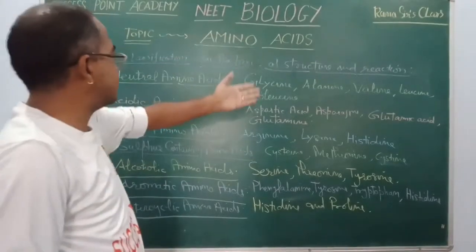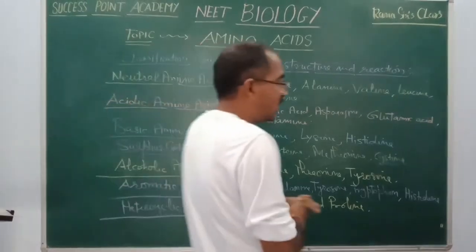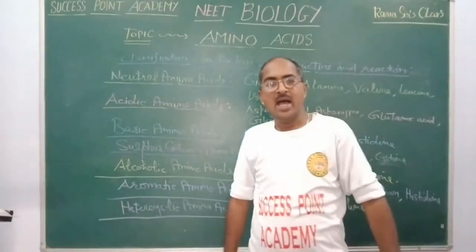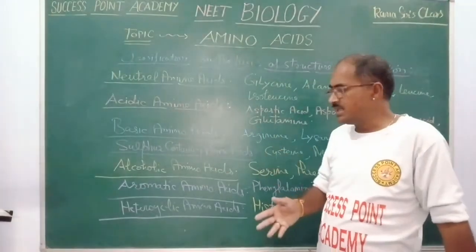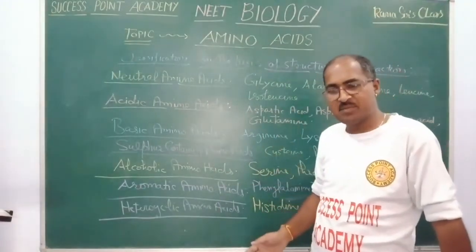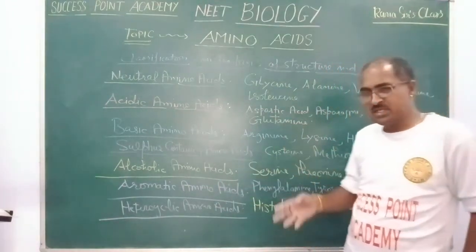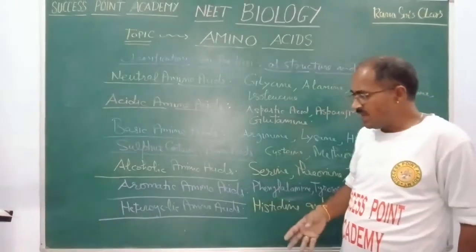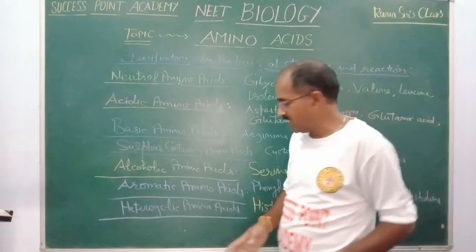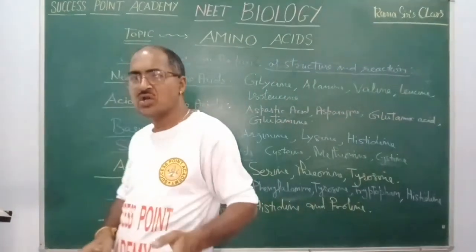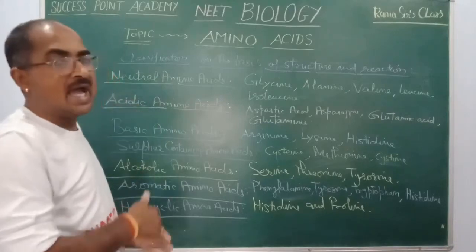So we have amino acids which are neutral, acidic, basic, sulfur containing, alcoholic, meaning having an OH group, aromatic, and having heterocyclic structure. So this was the second way of classifying amino acids.